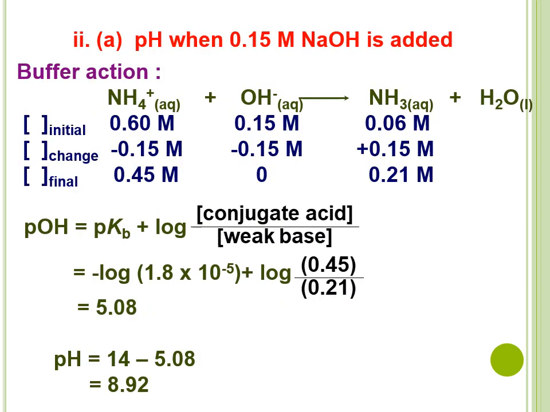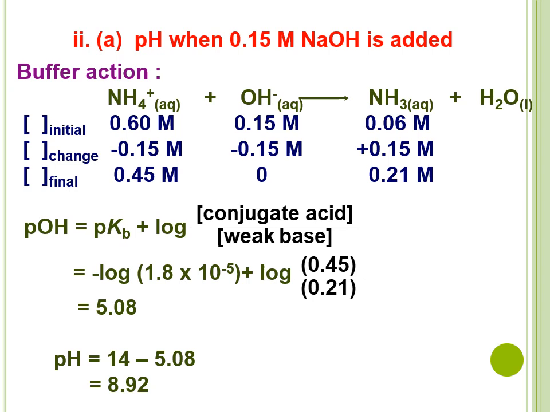What happens when we add a certain amount of OH minus to the basic buffer solution that we have produced just now? So the buffer action would be ammonium ion plus OH minus become the base ammonia plus water.